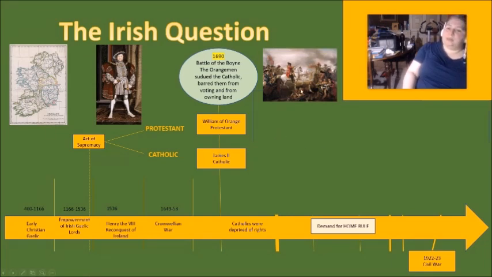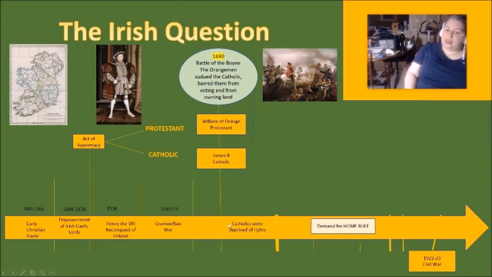They had a conflict, a battle, a showdown. They faced one another in 1690 at the Battle of the Boyne, and William of Orange won. That meant that the Catholics lost many of their rights, such as the right to vote and the right of owning land. So no Catholic had the right to buy land.